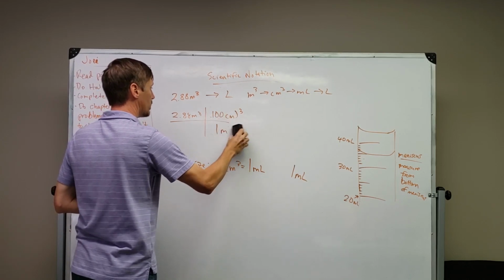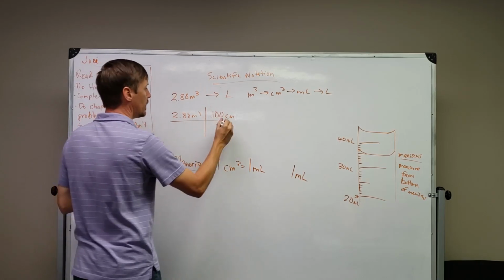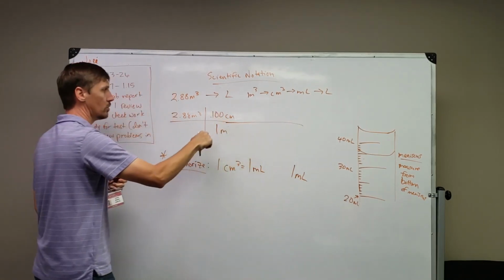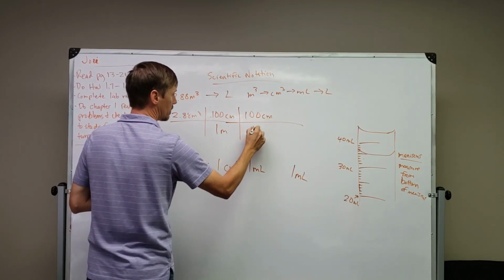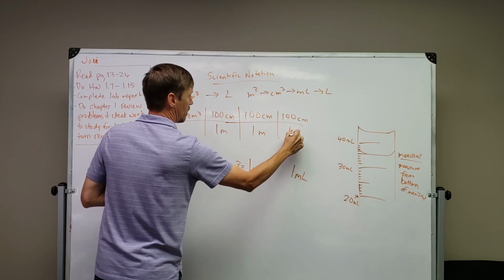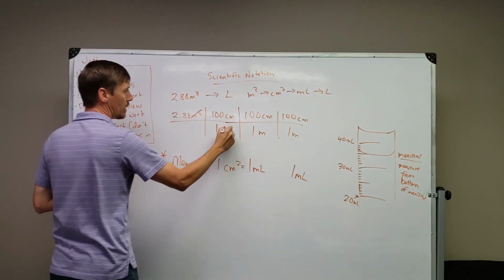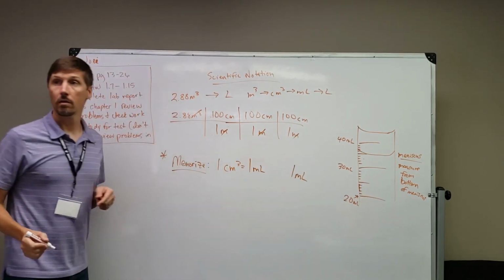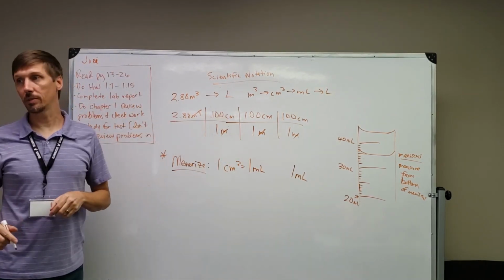But this is the way that I like to do it, just because it's easier for me to see it clearly spelled out and punch it in my calculator. We know that's true, 100 centimeters over 1 meter, and if we do that 3 times, then I'm going to have 3 meter units on the bottom that'll cancel out, and I'm going to be left with centimeters cubed at the top.